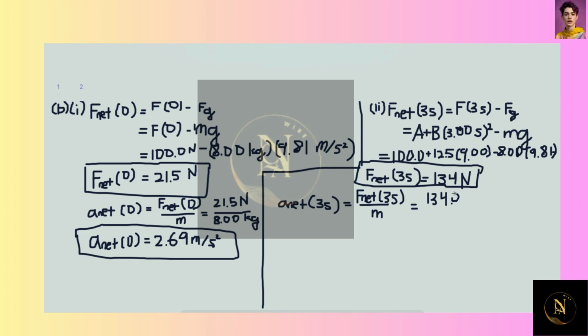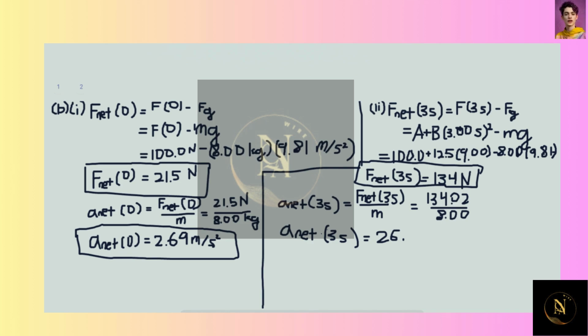Technically, it was 134.02, and then the mass is still 8.00. So at the end of the day, the net acceleration specifically at 3 seconds is going to be equal to 26.6. Well, that's a big.